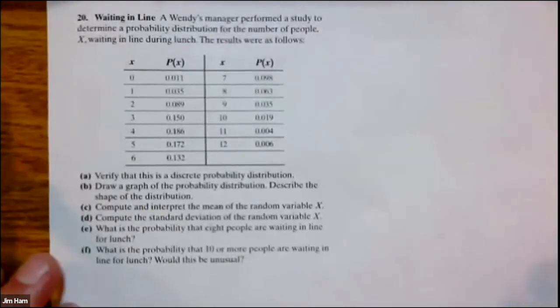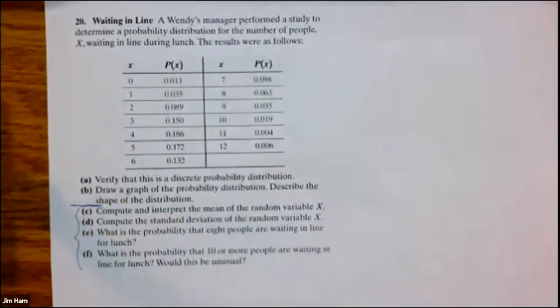Okay, one last problem. Why don't you go ahead and do it and just do C, D, E, and F. At noon every day, the manager goes out and counts the number of cars waiting in line for fast food at Wendy's, and does it for many, many days, and then writes up this probability distribution.